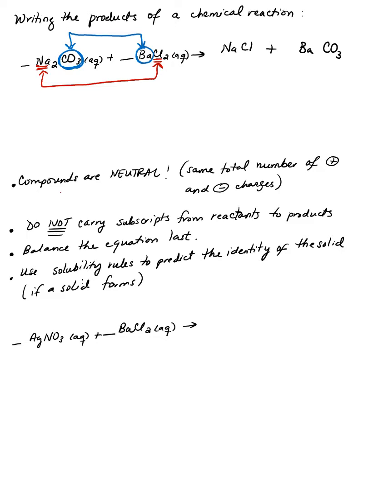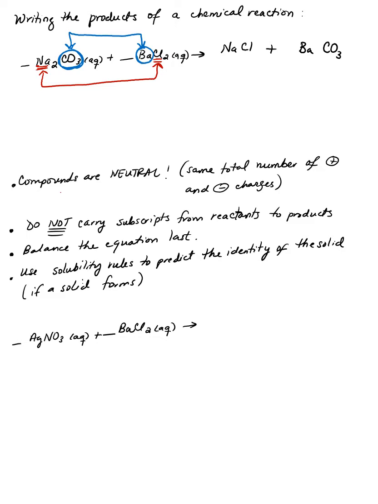Now you need to do other things. First of all, you need to balance the reaction. And you have to balance your reaction because on your reactant side you have sodium carbonate and it's Na2. You have 2 sodiums. And then on the product side you have sodium chloride. It's NaCl.